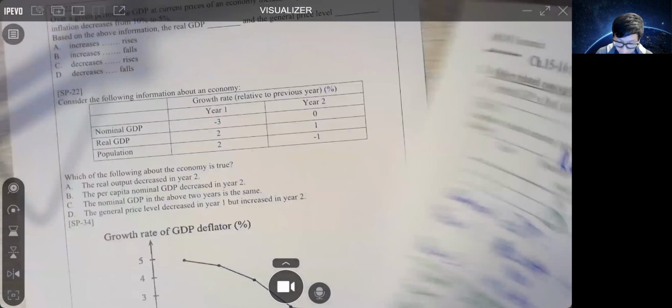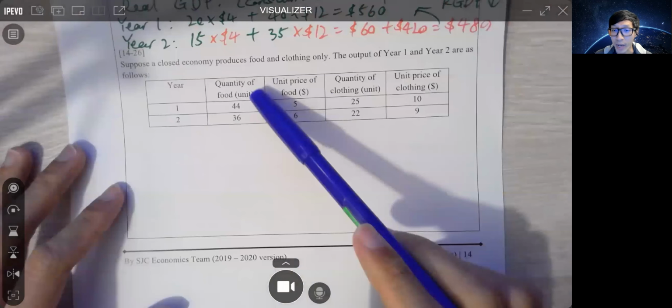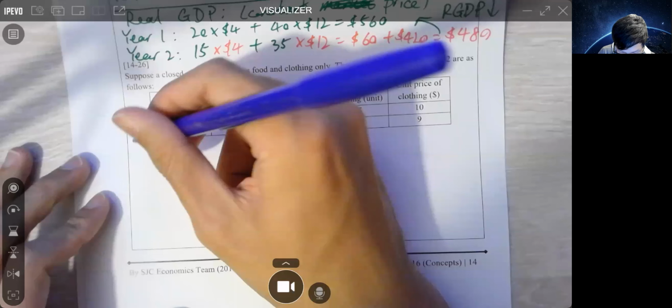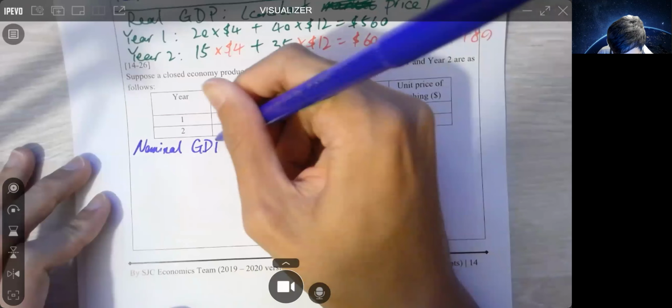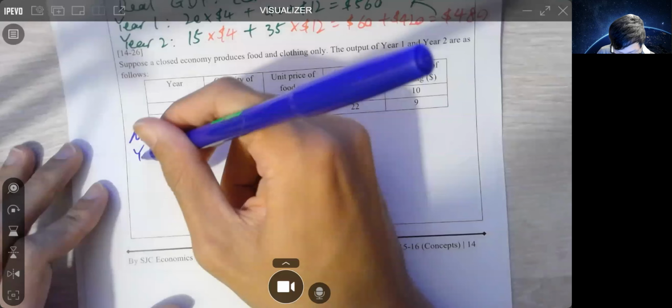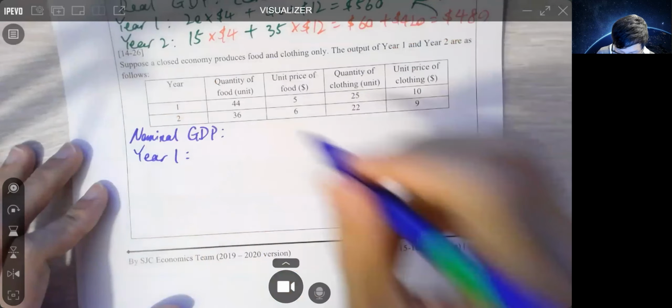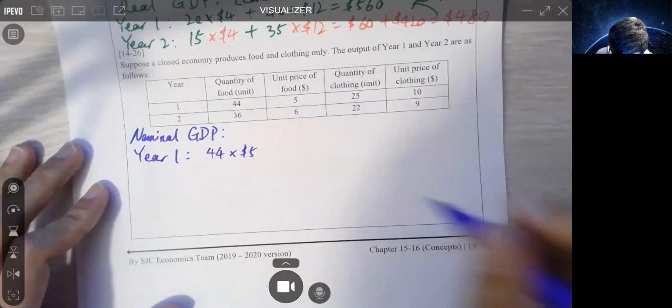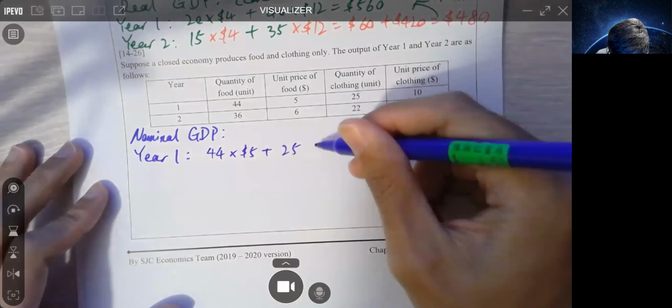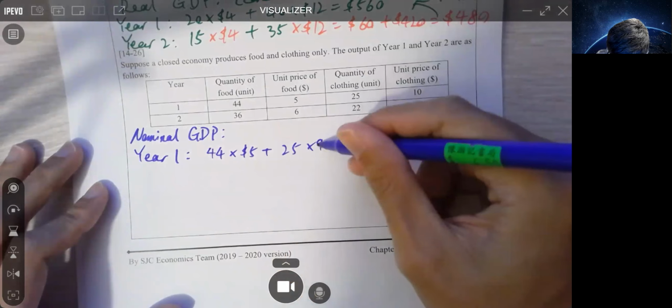Okay, so this is how you calculate. Let's try one more question here. Again, food and clothing only. So let's calculate the nominal GDP. Year 1 will be 44 times $5 plus 25 times $10.